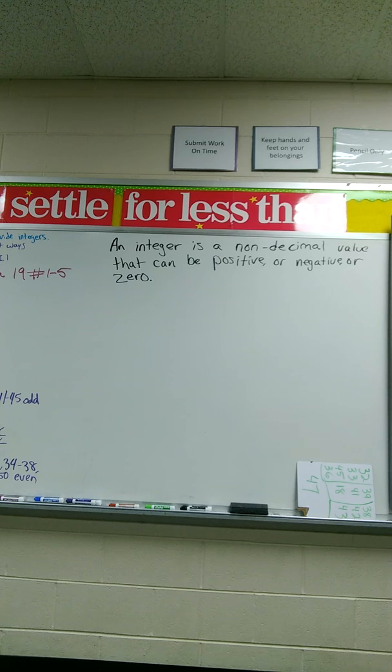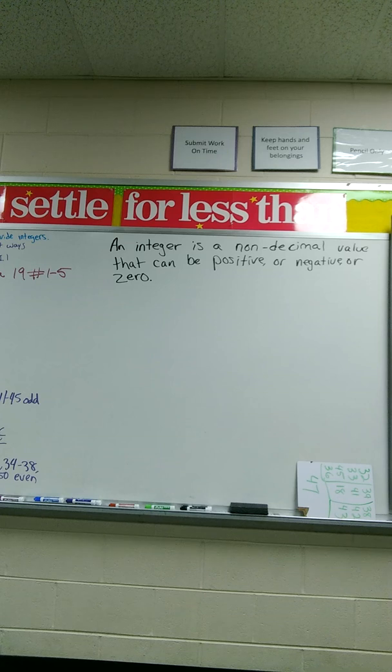So, if we're working with non-decimal values, can we have a fraction? No, we're not going to have any fractions. Can we have a decimal? No. So everything that we're going to be working with will not have any extra little bits.